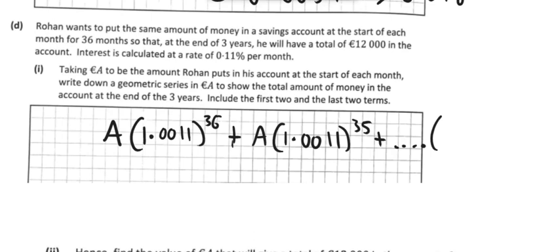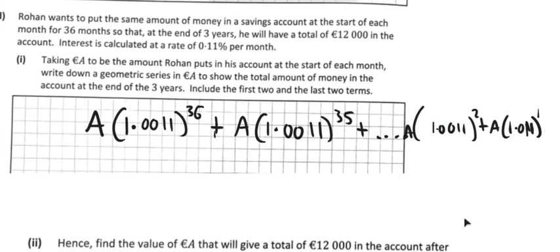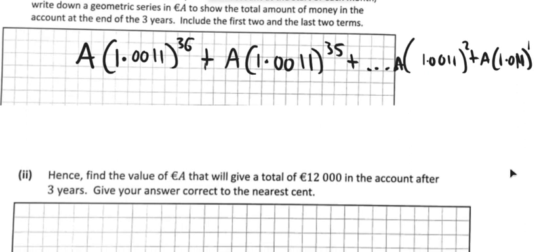So that'll just be A times 1.0011 to the power of 2 plus A times 1.0011 to the power of 1. And then that's it. So that's the series.